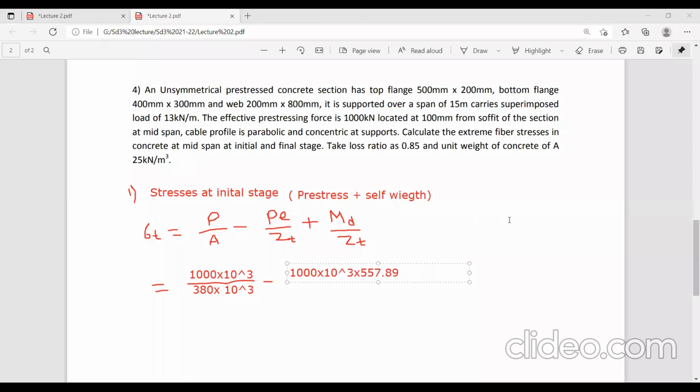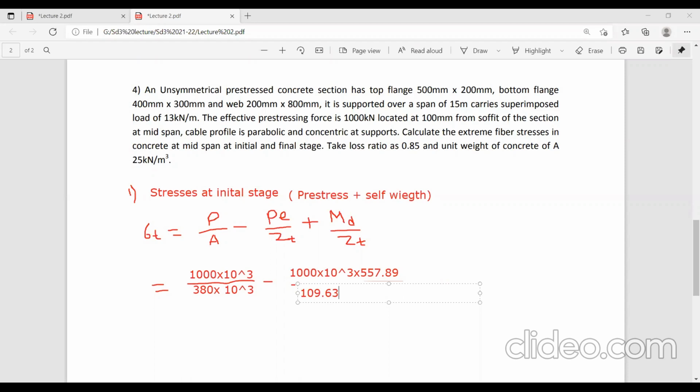Correct? Divided by ZT, section modulus at the top. How much ZT?